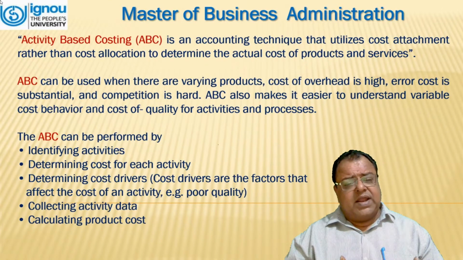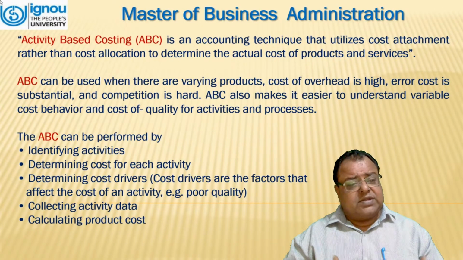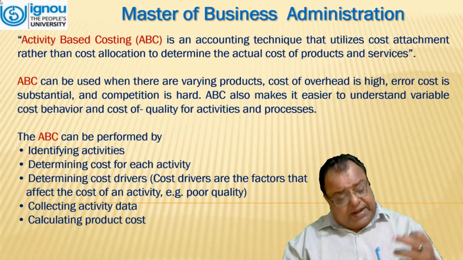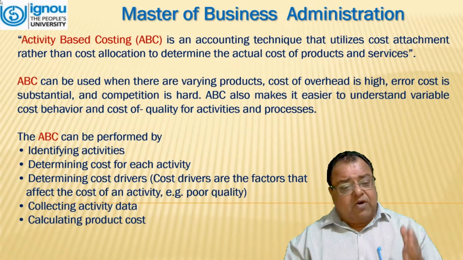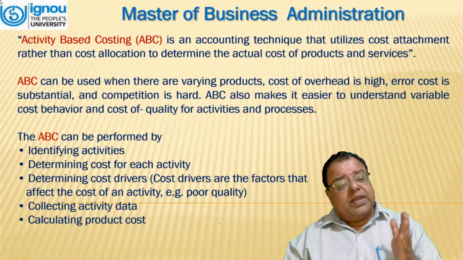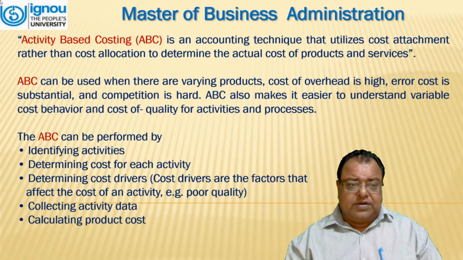ABC can be used when there are varying products, cost of overhead is high, error cost is substantial, and competition is high. ABC also makes it easier to understand variable cost behaviors and cost of quality for activities and processes. ABC can be performed by identifying activities, determining cost for each activity, determining cost drivers, collecting activity data, and calculating product cost.